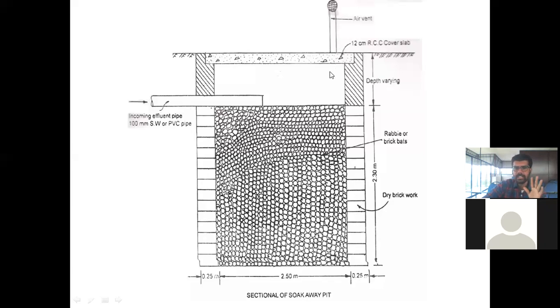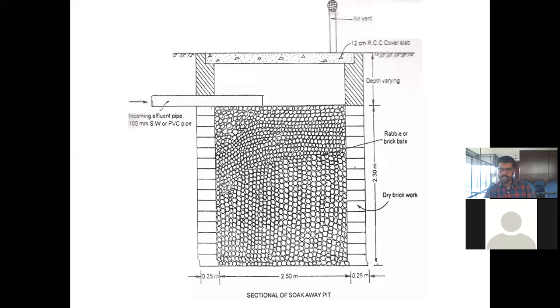This is the section view of the soak away pit. Just see this for 1 minute. If you have any doubt, you can ask me. When we are trying to give a project, we should draw this also.